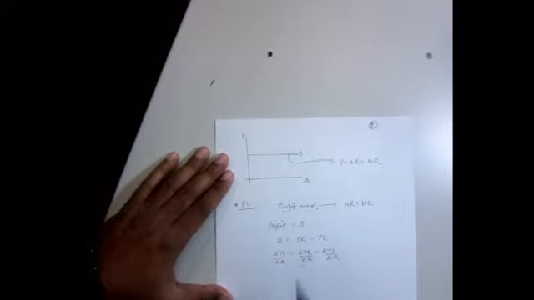The first thing is, what is that? You already know that. Change in total revenue over change in Q, that's the marginal revenue by definition, right? So this part is nothing but your marginal revenue. Now this one, what is that? Change in total cost over change in Q, by definition, this means marginal cost.